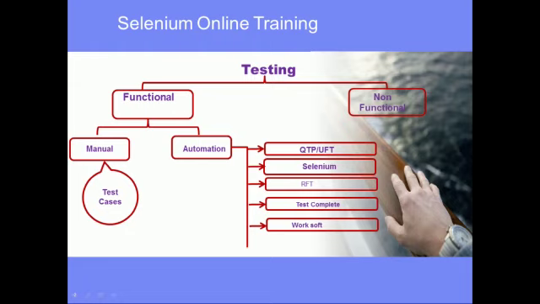Now, while giving requirements, one set of requirements will be given to the developer, and one set of requirements will be given to the testers. That means we are the testers. We are the bridge between the developer and the client, right? We need to make sure that the software is working as per the client expectations, and we need to give a sign off or certificate to the client: yes, this product or software is working as per your requirements.